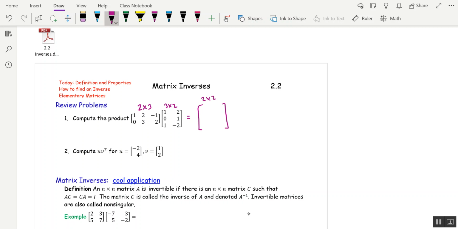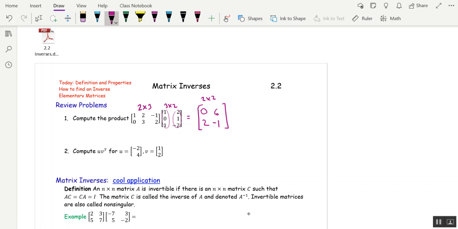For the first column, we look at this column of the second matrix and dot with the first row and the second row of the first matrix. So we get 1 minus 1 is 0. And then we dot with the second row and we get 2. Now we look at the second column of the second matrix and dot that with the 2 rows of the first matrix. And when you do that, you get 6 up here and then -1 here.